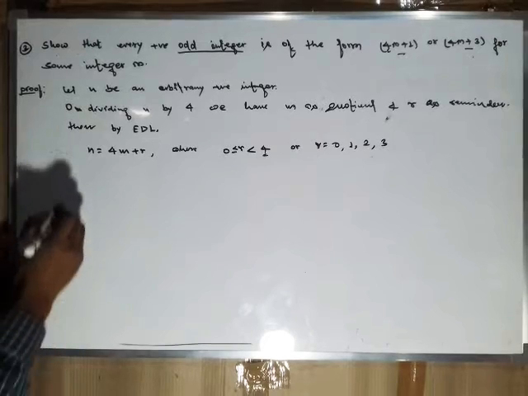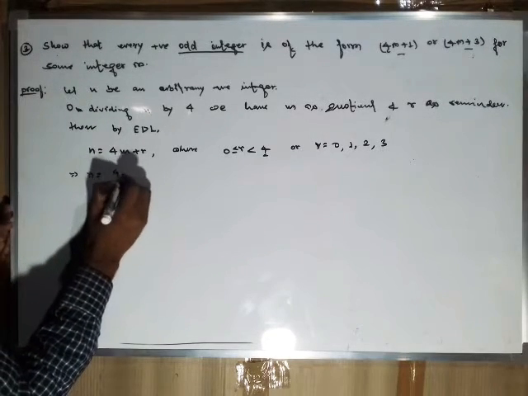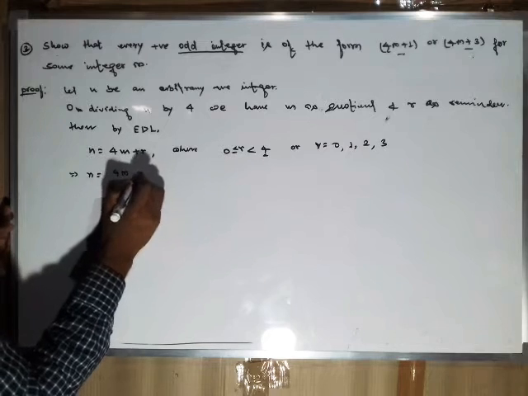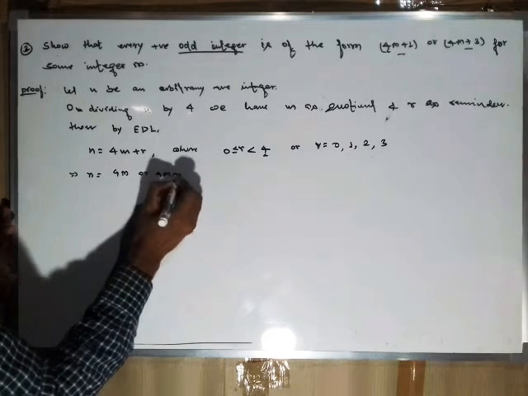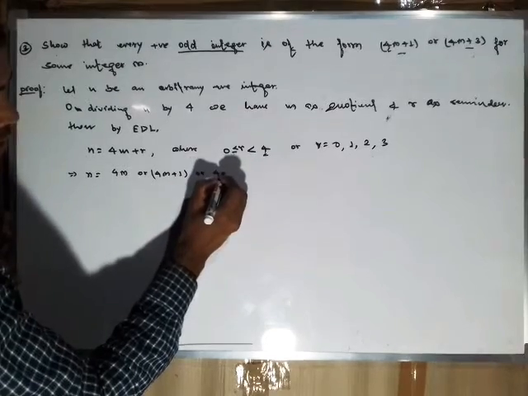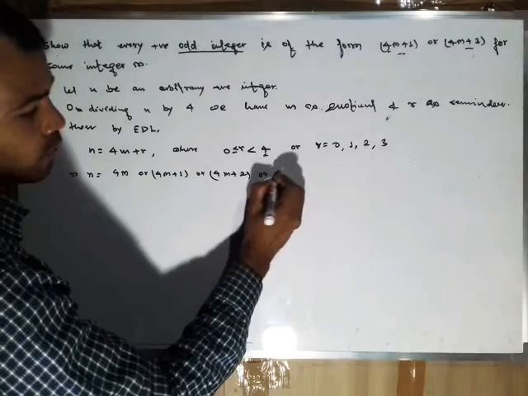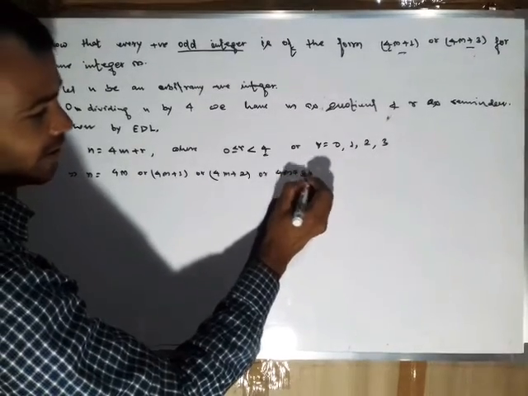There are 4 cases here. This implies that n is equal to 4m or 4m plus 1 or 4m plus 2 or 4m plus 3.